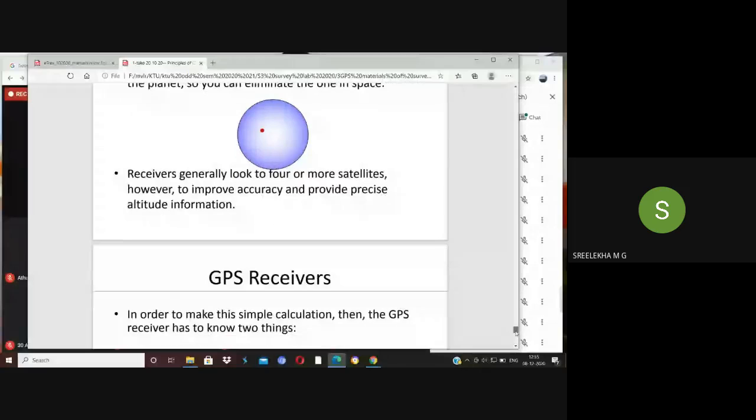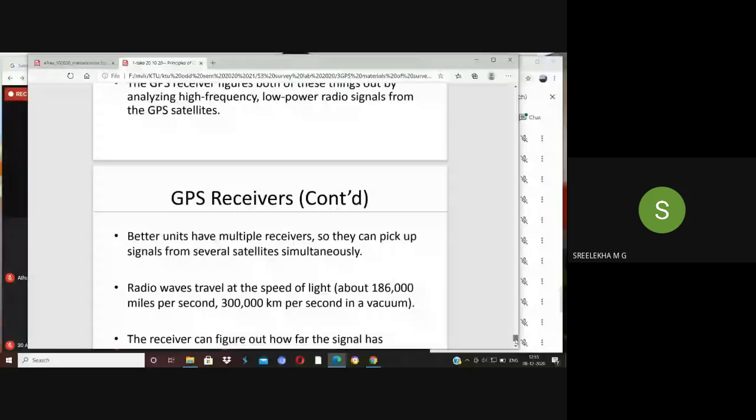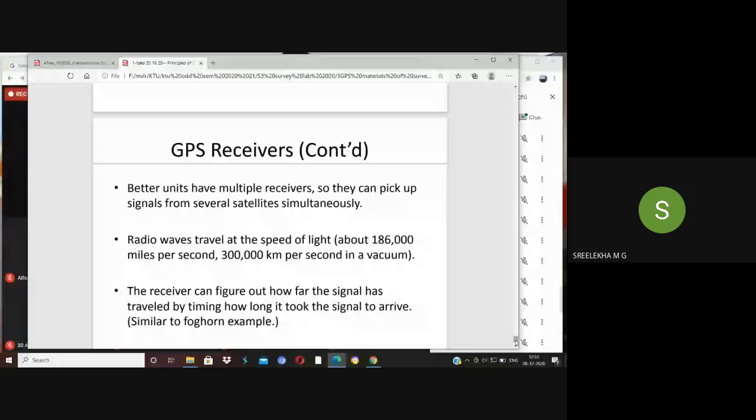So this is the concept of the trilateration process, and that is done by collecting details from the satellites. Three satellites should be there. What is the concept we are using here? Radiations or radio waves are sent from the satellites using some sensors.